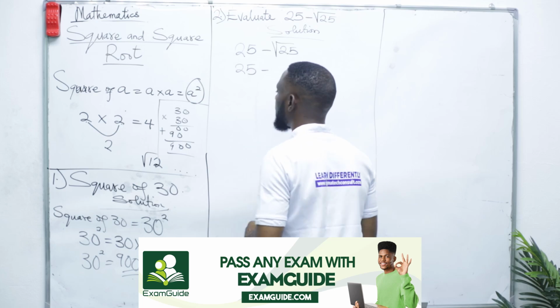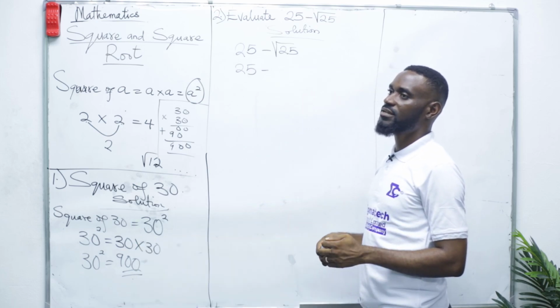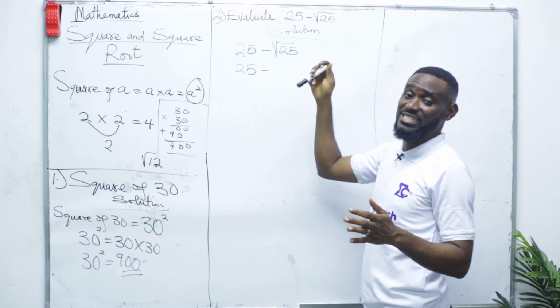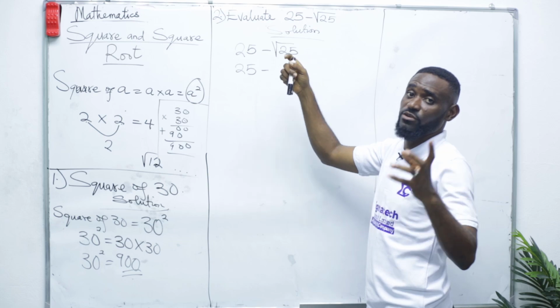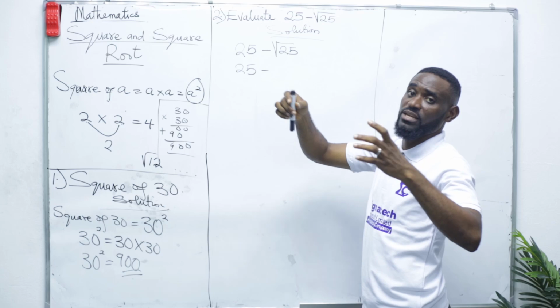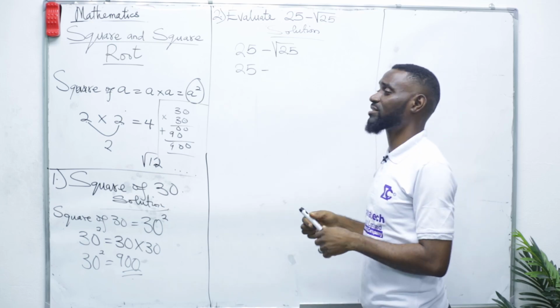Remember, the square root of a number is the value we get when two equal numbers are multiplied together to give the number that is given.